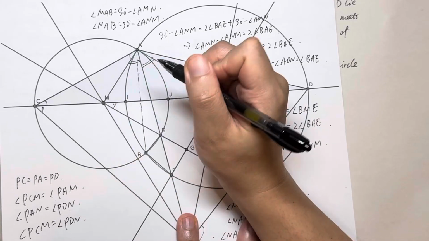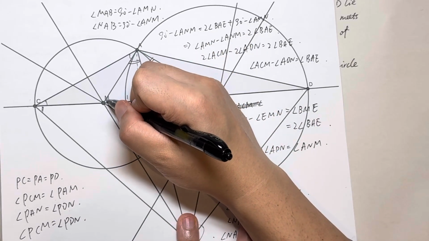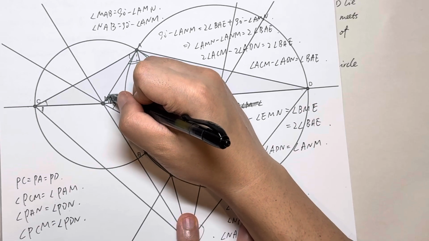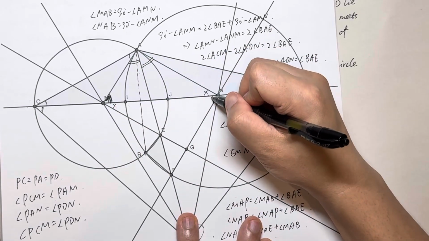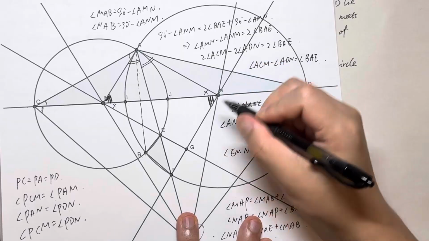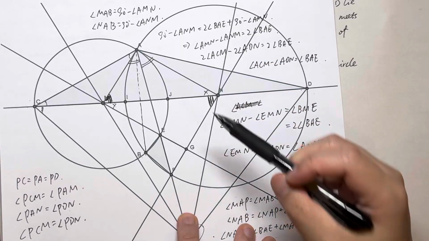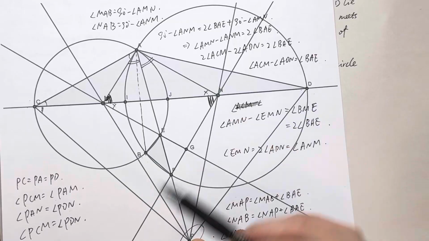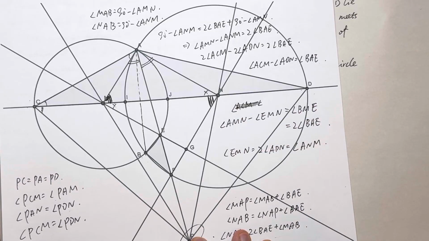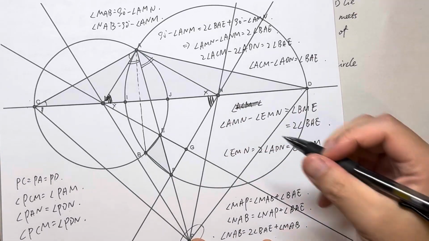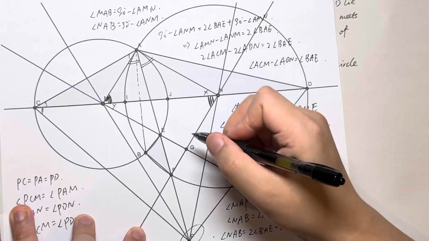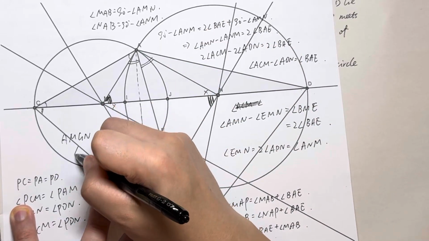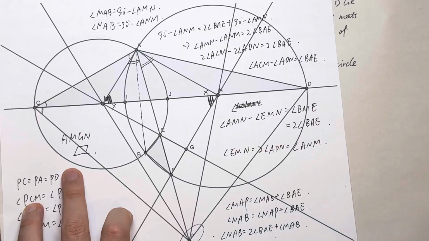So this one, 1, 2, 3, equals to 1, 2, 3, equals to this one, which means AMGN is a parallelogram, right? So we get that AMGN is a parallelogram.